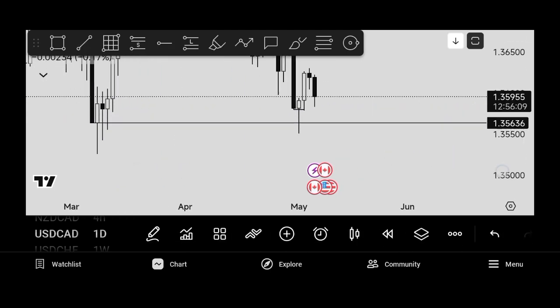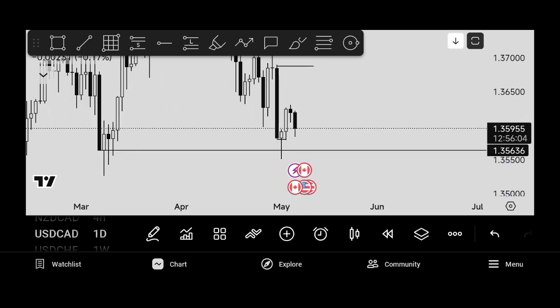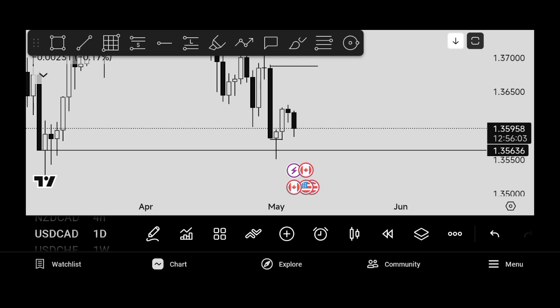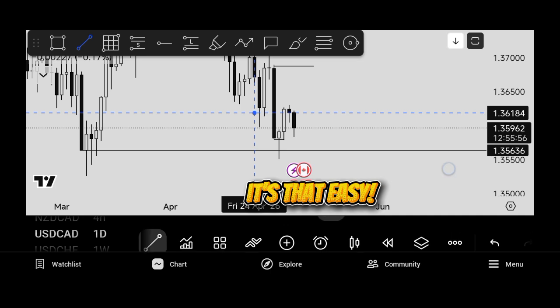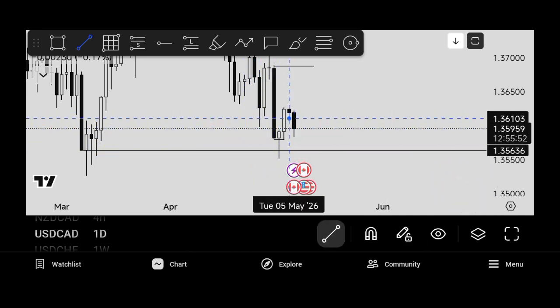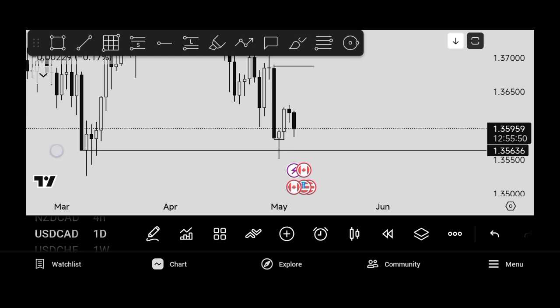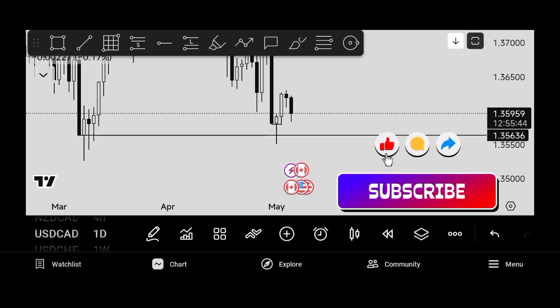Our CRT should be located in a discount level, and of course our CRT should give us a lower time frame shift. Now you can agree with me that this CRT met two of our three criteria. So now I'll move into lower time frame to show you why I did not take on the buys, but I was much more interested in the sells.